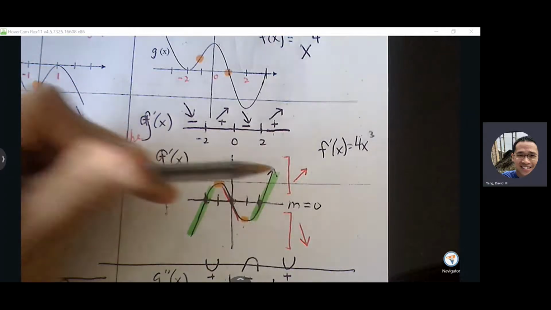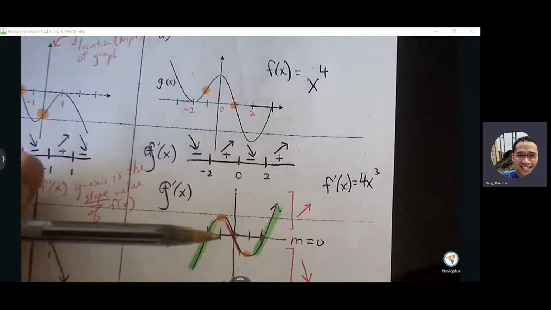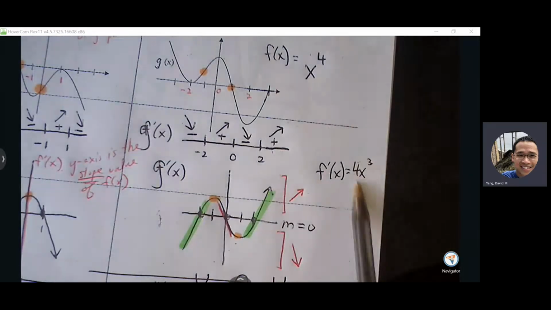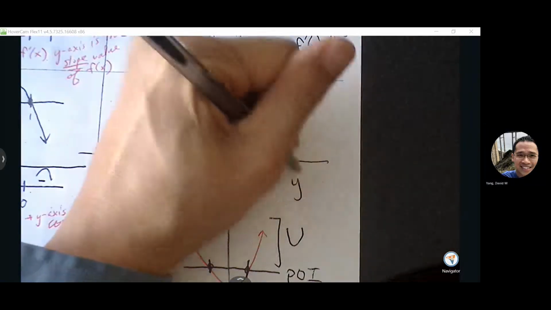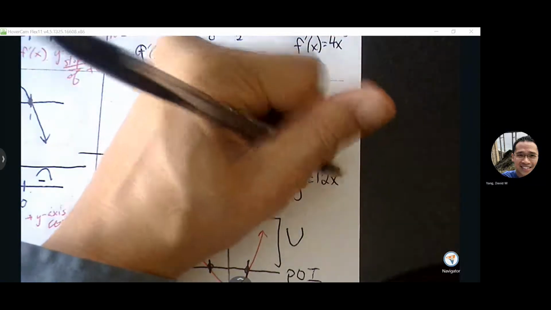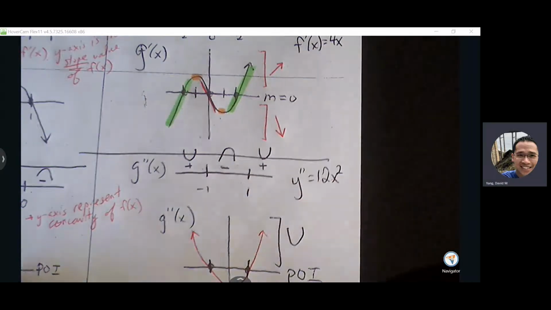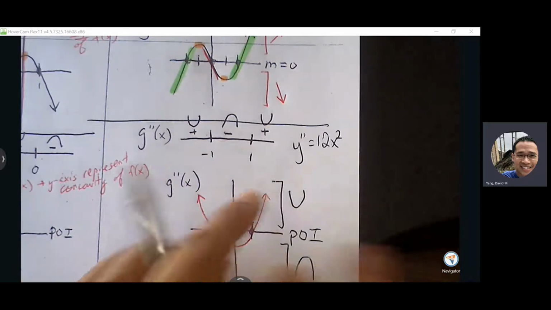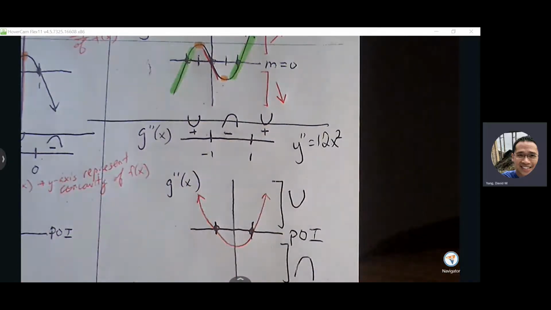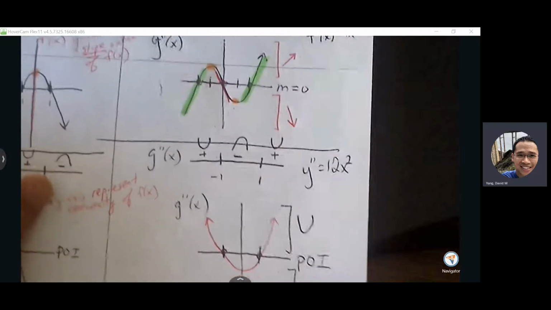So we see that with power rule, it's also matching up with what we're creating with these graphs. What's the derivative of 4x cubed? 12x squared. 12x squared is a quadratic, and that's what we're seeing here with our graph that we created. So what we know to be true from a power rule perspective, we're also seeing it matching up as we're creating our derivative graphs.